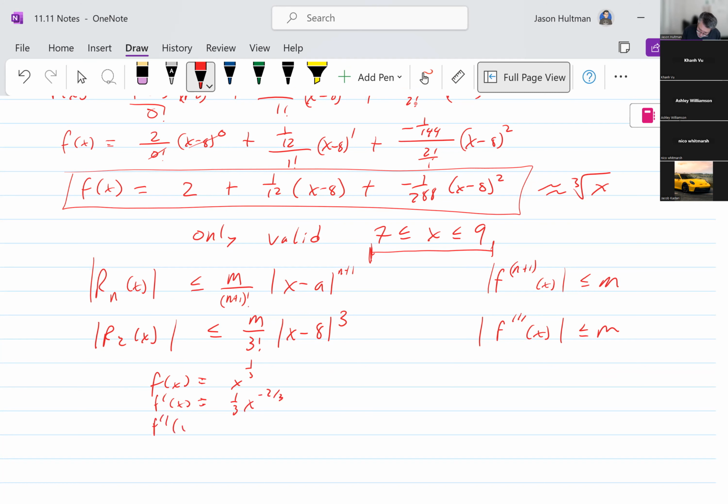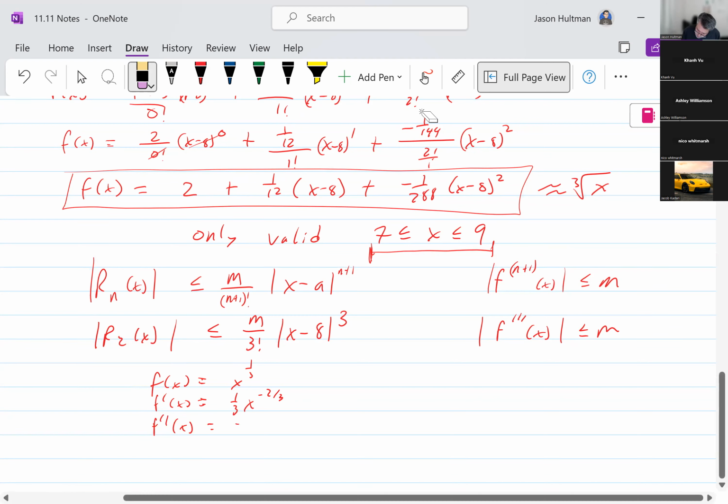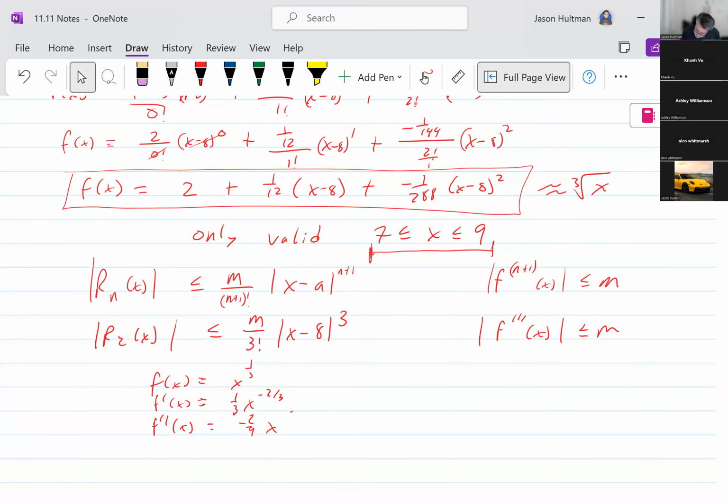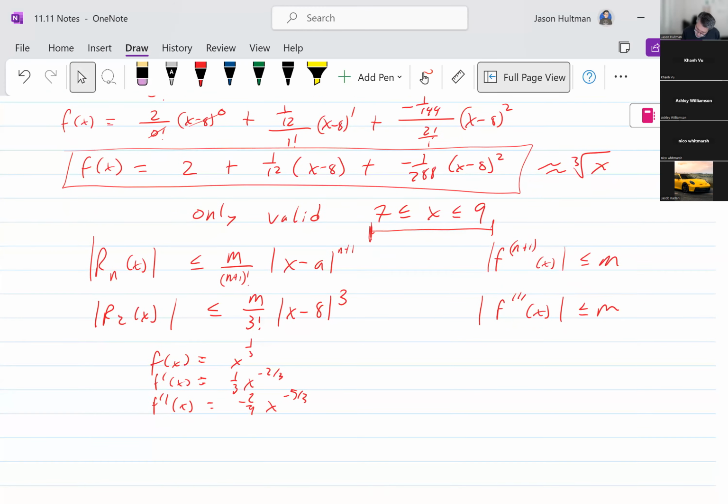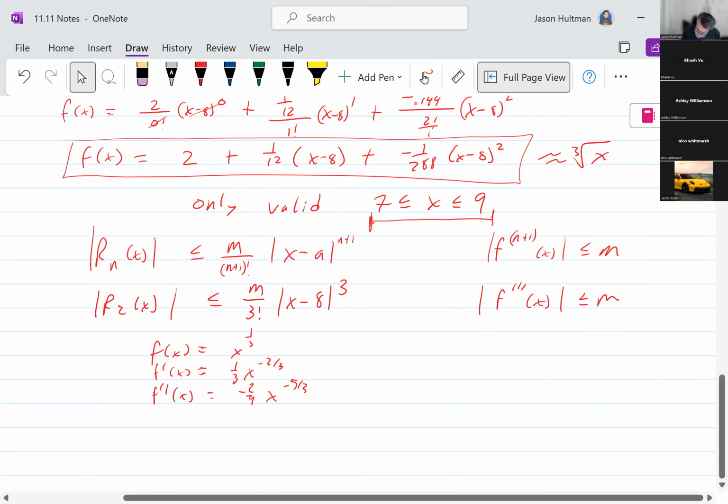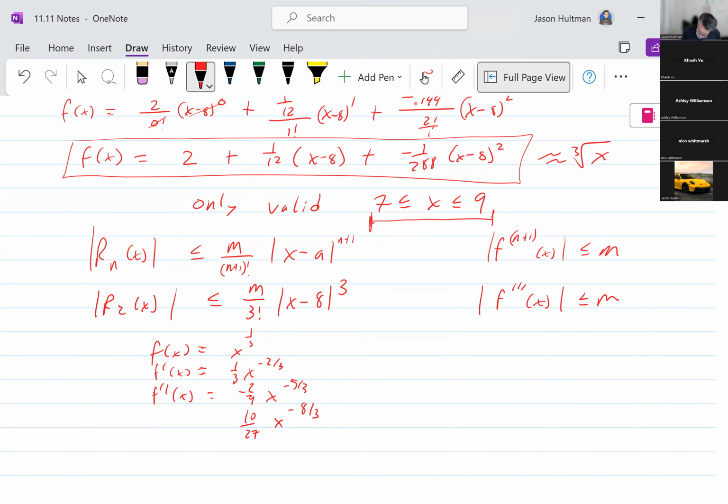The second derivative of x was negative 2/9 x to the negative 5/3. And then if I bring it down again, this just becomes 10/27 x to the negative 8/3. Okay, f triple prime of x.